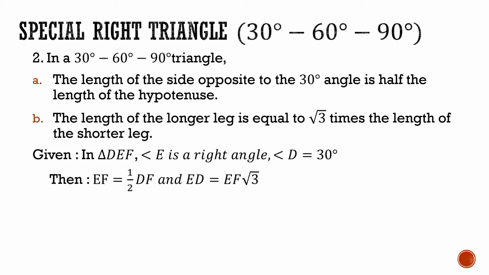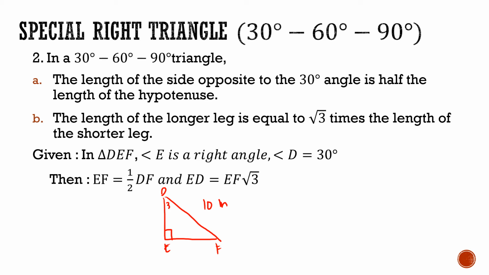So let's have an example. Let's say I have triangle DEF, wherein E is my right angle. Let's say my hypotenuse measures 10 meters. Now, how do we get EF?